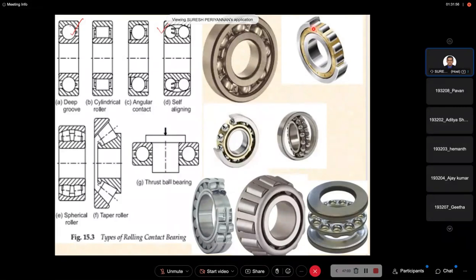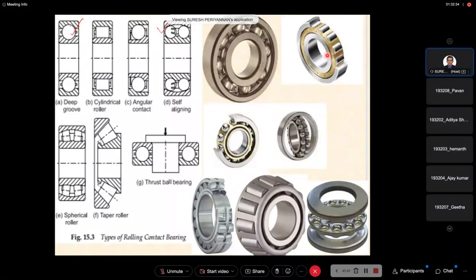Hence, it can have more load carrying capacity and more rigidity than the ball bearing, because the ball bearing has point contact but this has line contact. Also, the coefficient of friction is less, and there is less frictional loss as compared to sliding contact bearings, not compared to rolling contact bearings.